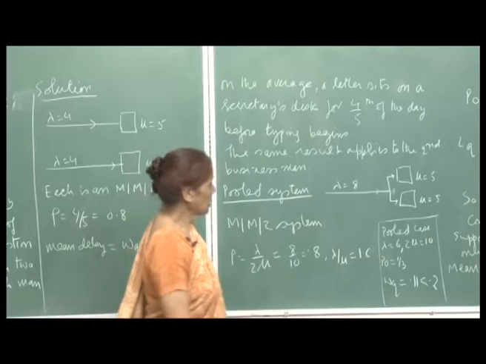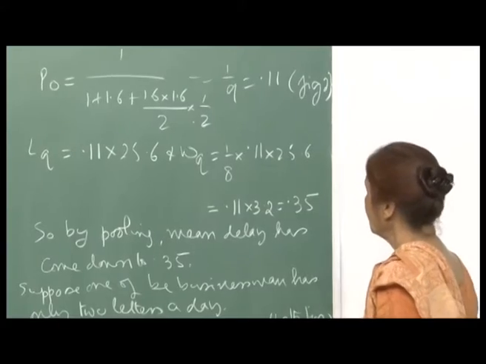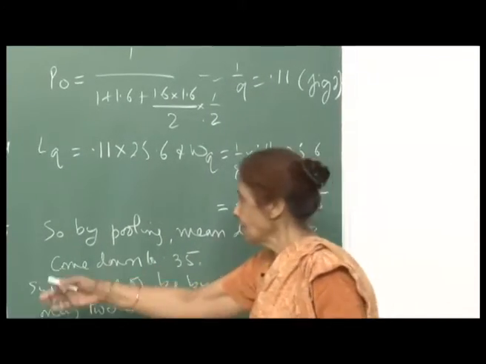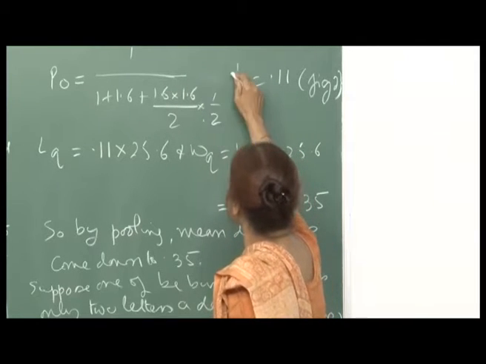So, then P0. Now this is where the graph that I had talked about comes in handy. Of course, this is a small system, and so I have shown you the calculation even otherwise.